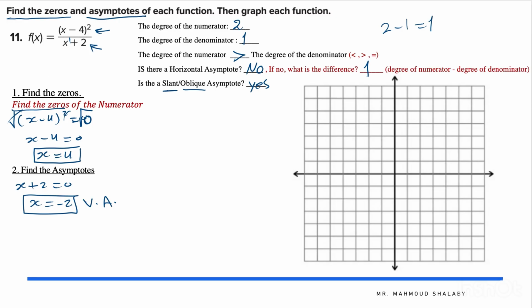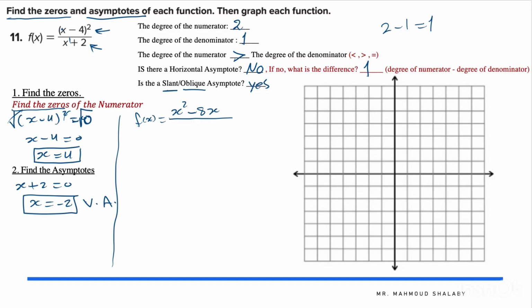To do this with long division, we must first simplify the function. So I will put a line here. Simplifying means f of x equals, I will expand x minus 4 all to the power of 2. If you remember, x to the power of 2 or x squared, then first times second times 2, it will be negative 8x.